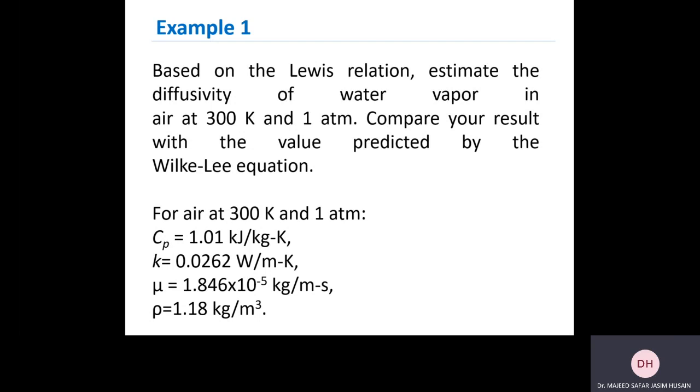As you can see, the density of air is around 1.18 kilograms per meter cubed, and the viscosity is a constant multiplied by 10 to the power minus 5. So it's quite low. You can see and get a feel for the values of the physical properties. You should be able to do it, and I'm expecting the answers to be almost similar. You can prove this yourself.